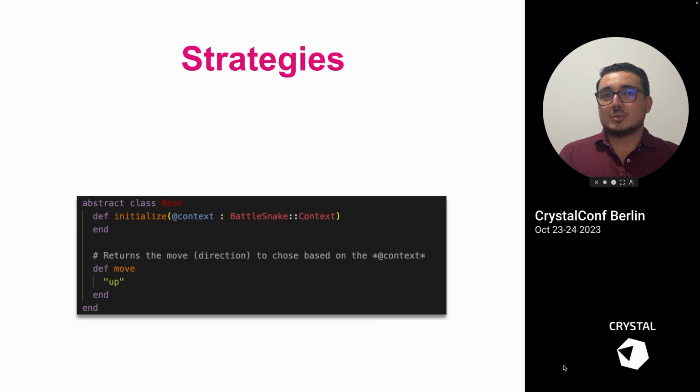So in order to work with strategies, I built an abstract class as a base strategy. The initializer will come and initialize your context, and every strategy will have to implement the move method. This is where you process the board, do all the logic you want to, and then pick whatever move you want.